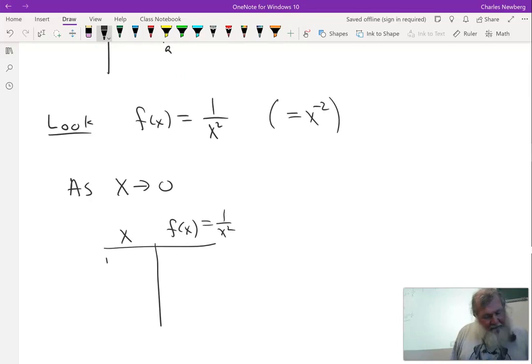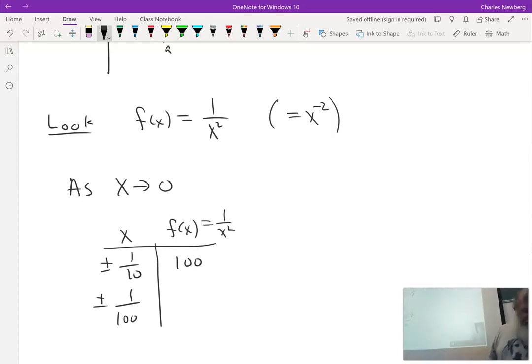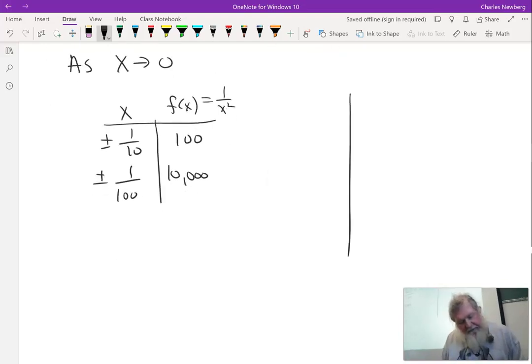Let's pick the value plus or minus 1/10. When I square 1/10, I get what? 100th, right? And when I do the reciprocal of 100th, I come up with 100. Let's get a little closer to 0. Plus or minus 1 over 100. Well, when I square 100, I get what? 10,000. And the reciprocal of 1 over 10,000 is 10,000. All right, so what's happening here?